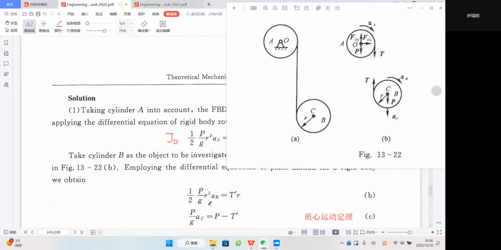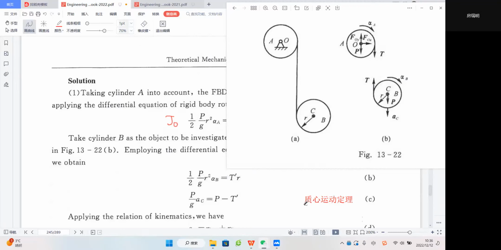Another is this. So actually, this is the theorem of motion of the mass center, a momentum principle of mass center, right? Because we assume that when this wheel moves downward from a high position to a lower position, it will have a translational moving part, just because of the downward movement of this string.